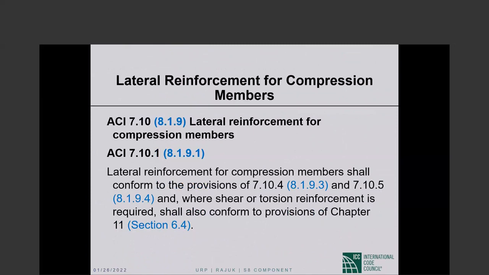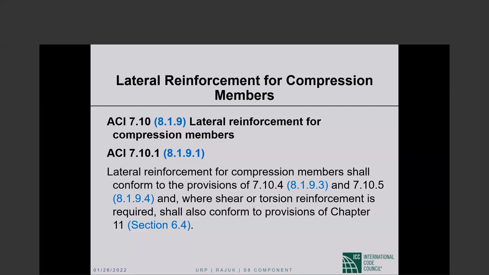Lateral reinforcement for compression members. This is highly important stuff that we use every day. Okay, so this is column transverse reinforcement. Lateral reinforcement for compression members shall conform to provisions of section such and such. Where shear or torsion reinforcement is required, it shall also conform to that.